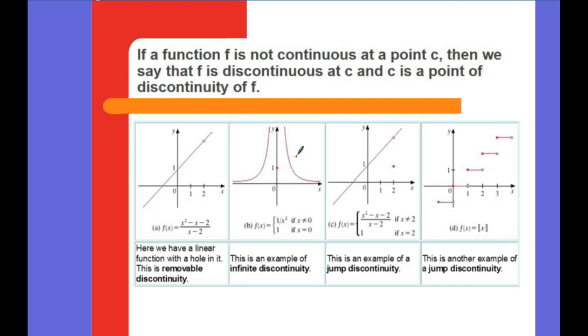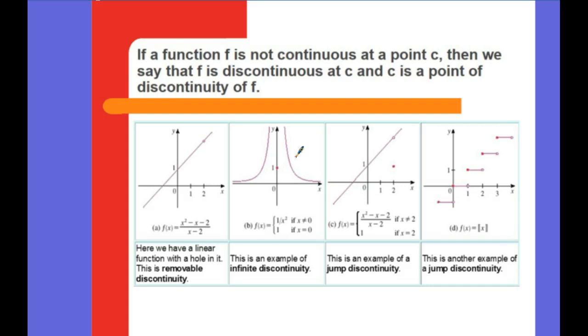Those create removable discontinuities. So like if you look right here, this x squared minus x minus 2, that's factorable. You can cancel the x minus 2, hence the vertical asymptote does not exist, it becomes a hole. And that's kind of where we were making that one mistake on our limit test the other day: we saw this, said, oh, it's going to have infinite, but it doesn't because it cancels and becomes removable.